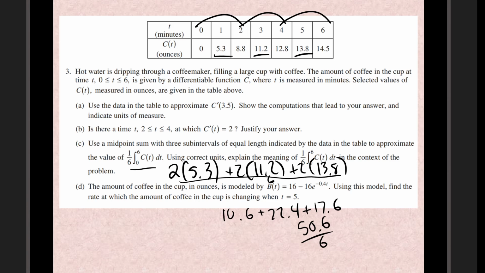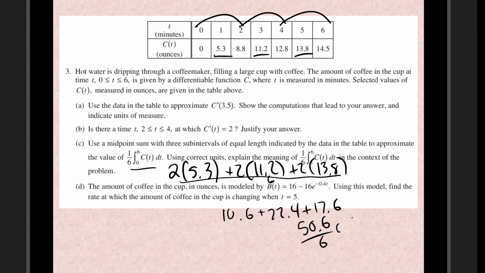And then this is in ounces, because 1/6 of this is the average amount, or sorry, it's in ounces per minute. It's the average flow of the, no, I'm goofing. It's in ounces. It's the average value of the amount of coffee that is dripping through the coffee filter, or the amount of coffee in the cup.